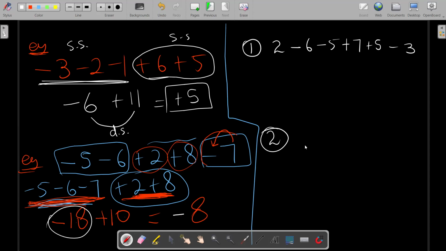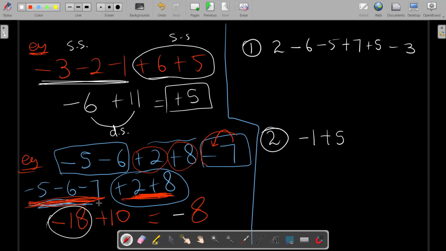Excuse me, sir. Yeah, go ahead, talk to me. So I just want to be sure: when you have a negative number and a positive number, you just have to minus it. Yeah, once a negative term and a positive term are added together, it's like they're battling each other.